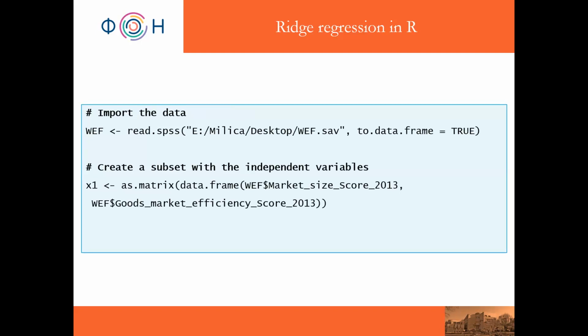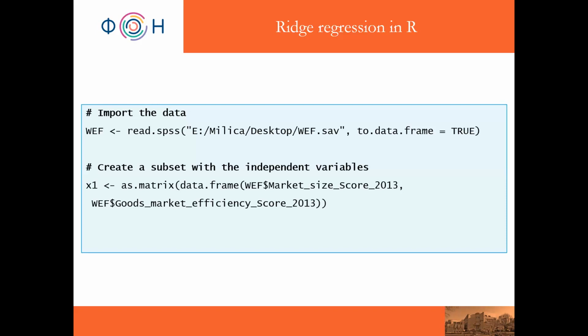Okay. Again, importing the data, that is something that we already have. Conducting ridge regression is a little bit different from conducting regular linear regression. The function within the package requires you to create a subset with your independent variables.